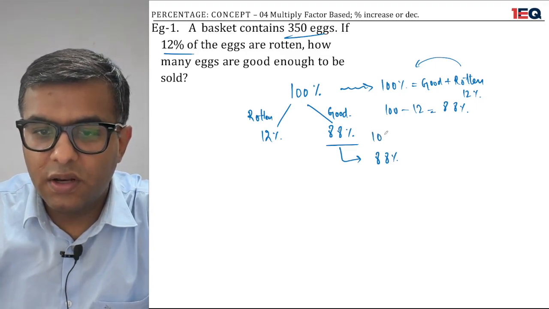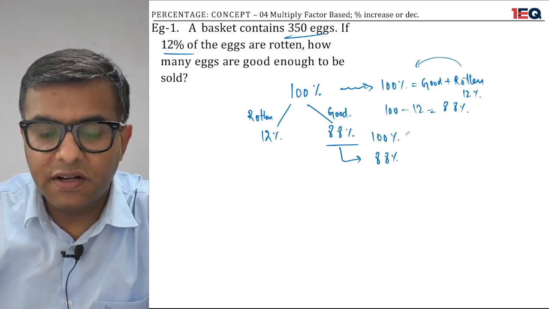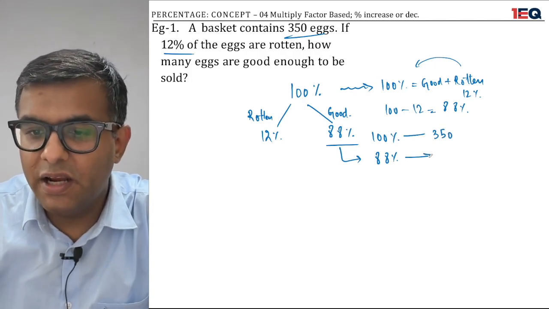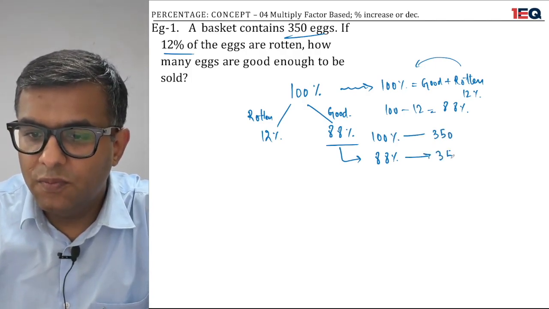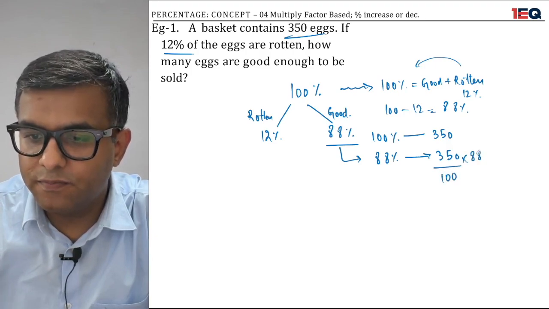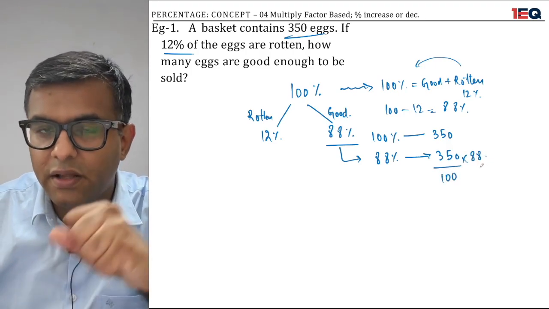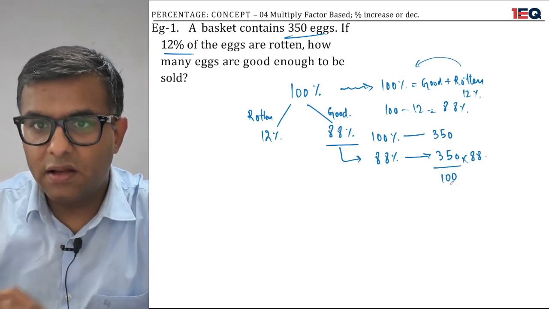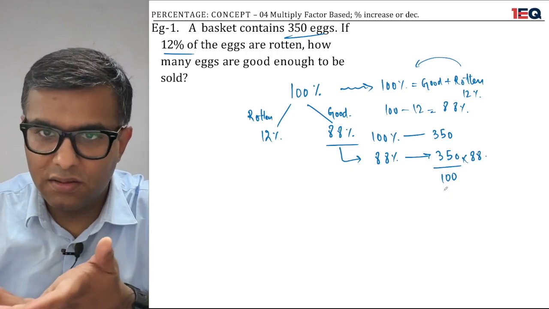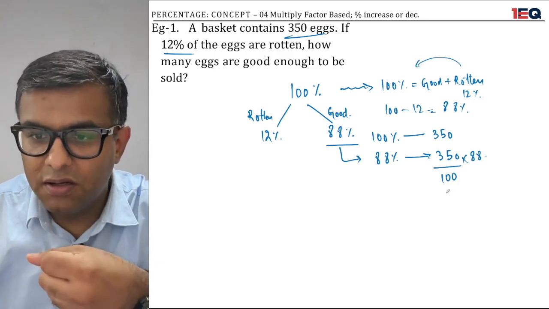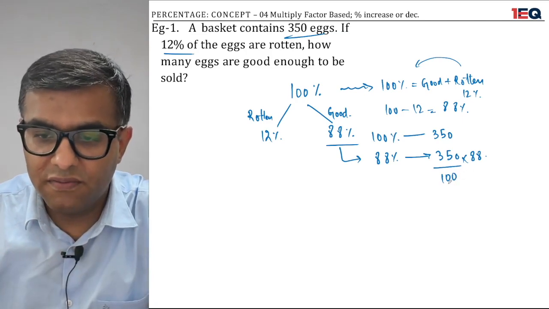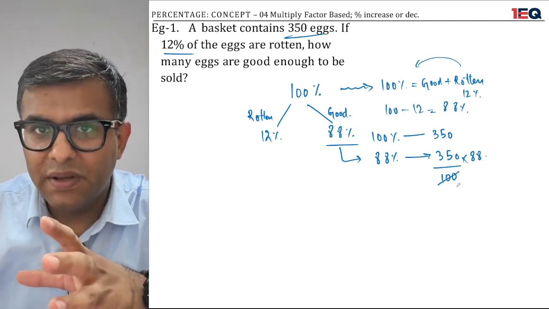Again, using the unitary concept, if 100% of the eggs is equal to 350, what is 88% of the eggs? So 350 divided by 100 multiplied by 88 would create the final answer. Let me cut it using the big boy or big girl factorization policy, which says use the biggest possible number.